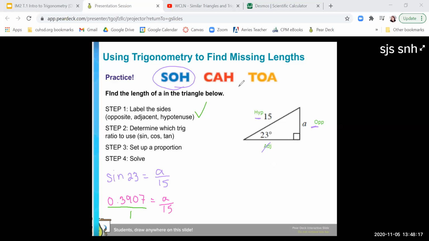And then I'm going to cross multiply. So A times 1 is A. And this decimal times 15 is, so we have 0.3907 times 15, 5.86.